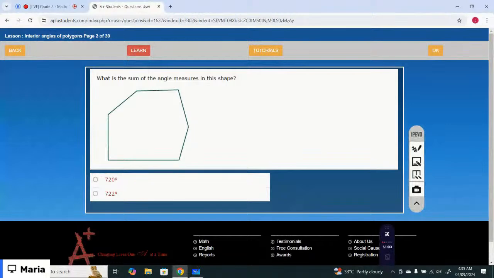So which is the correct option? The correct option is option number 1, that is 720 degrees.